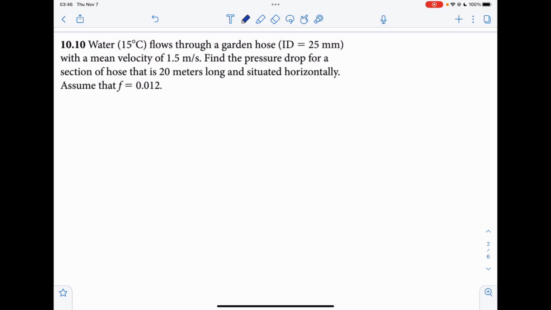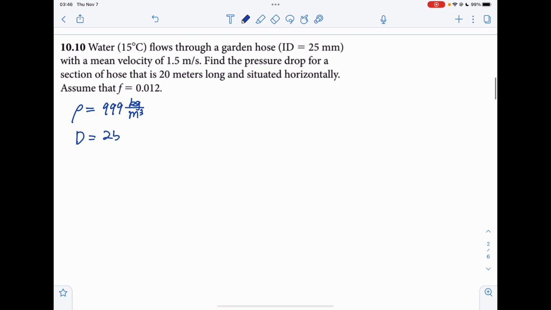For this problem, the temperature is 15 degrees Celsius, so the density of the water is going to be 999 kilograms per cubic meter. The diameter is provided, which is 25 millimeters, which is 0.025 meters.